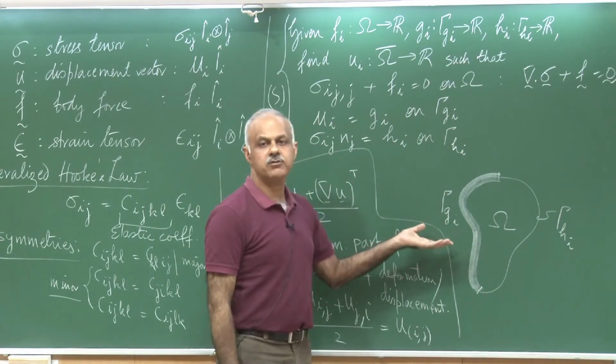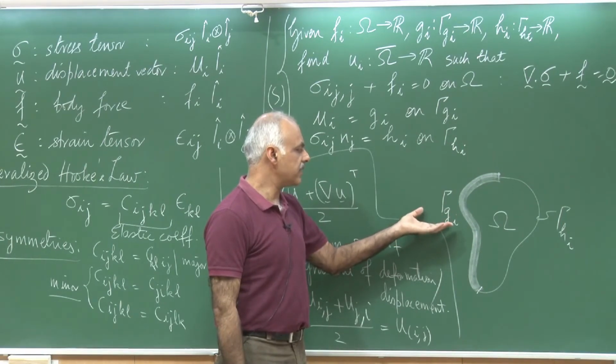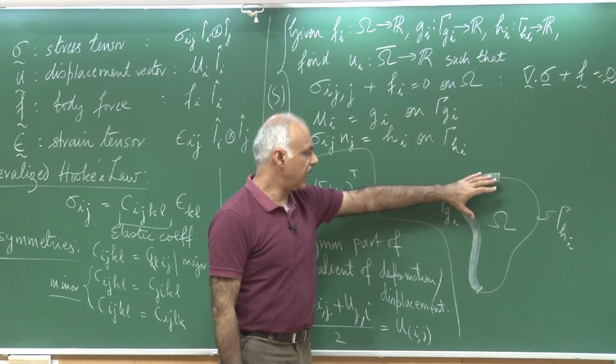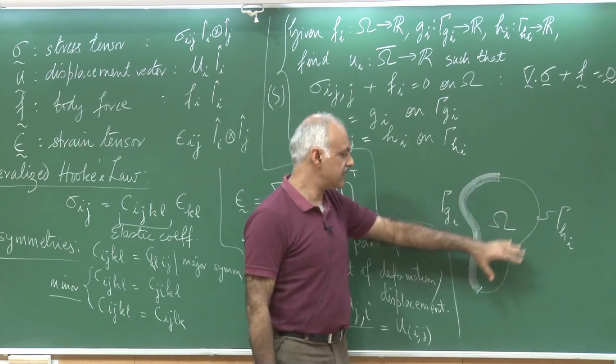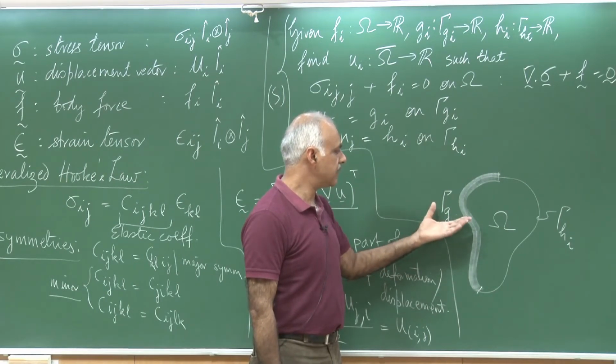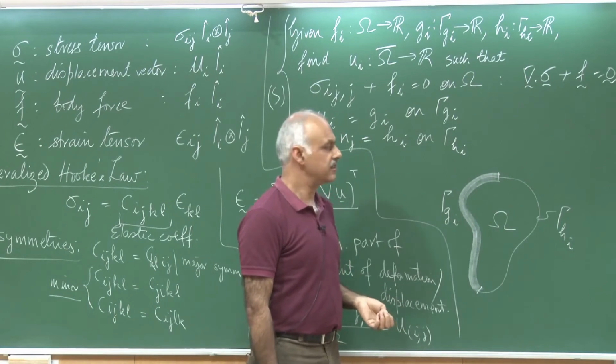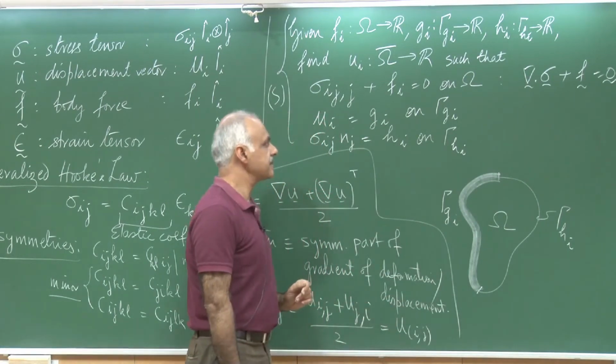This decomposition would be different for different degrees of freedom. If I talk about the x displacement, I could have the Dirichlet boundary condition as the segment shown here, but if I talk about the y displacement, then it could be a different combination of gamma g and gamma h. We have talked about it in the last class.